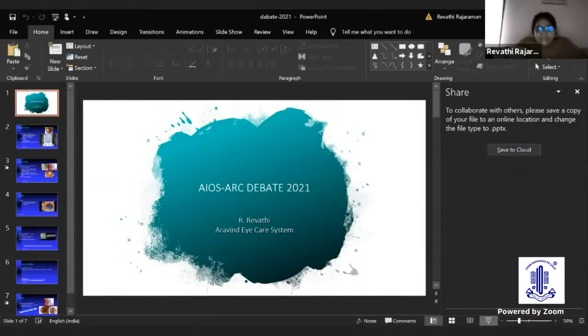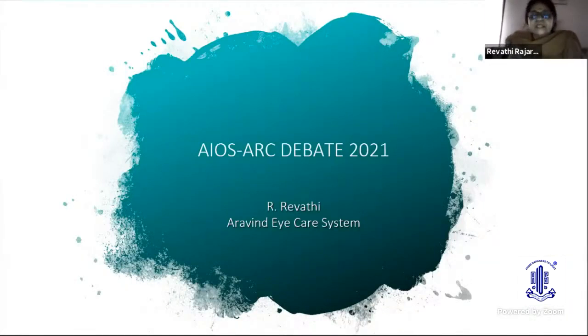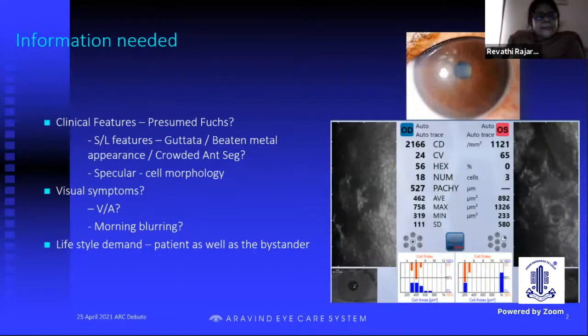Thank you for calling me for this session. Dr. Reddy has very clearly put why we should go for only the cataract surgery. But for me, the information given about this case scenario is not adequate. It's mentioned as only 1,000 cells and 600 micron. 600 micron can be normal, even in a patient who comes for refractive surgery.